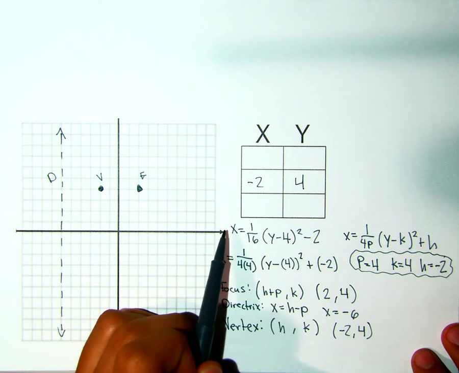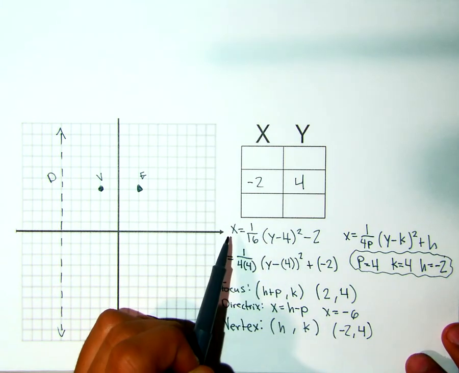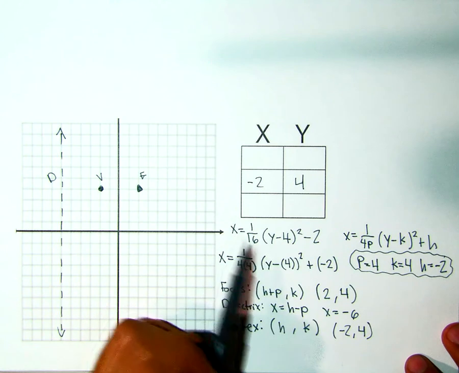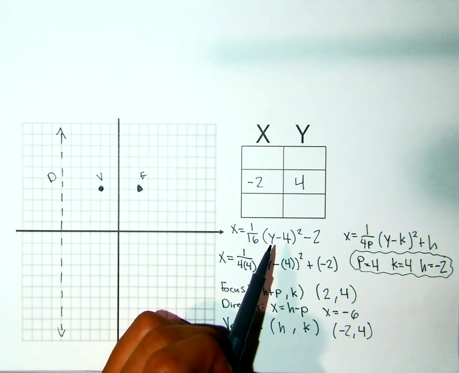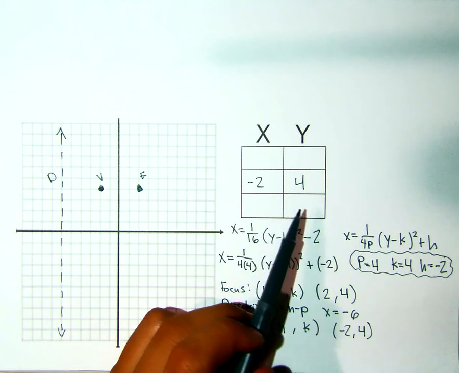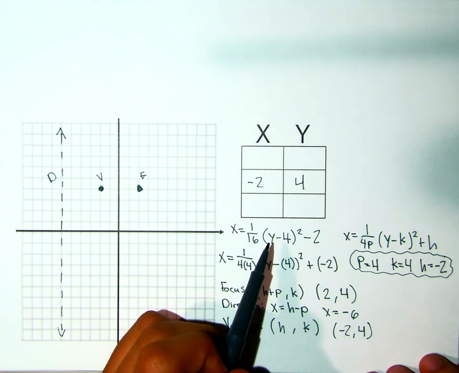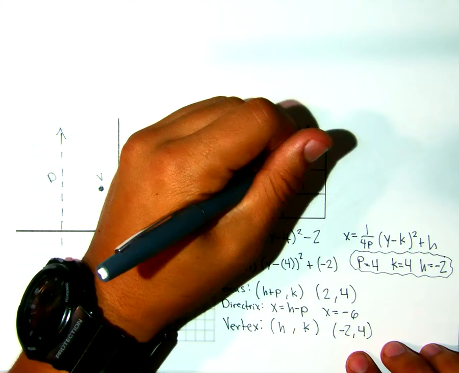Instead of plugging in x's, we want to plug in y's to find x, to find the other 2 points. So we want to find a y greater than 4 and less than 4. A good y to pick is 8. Very good. Let's pick 8.